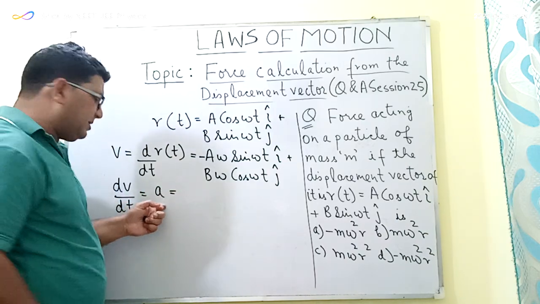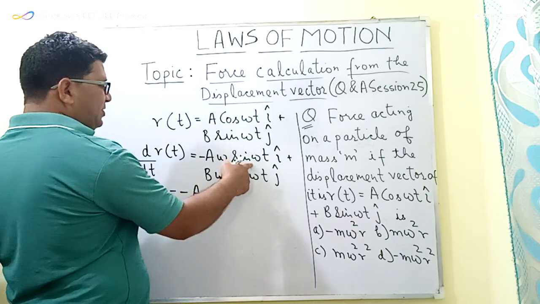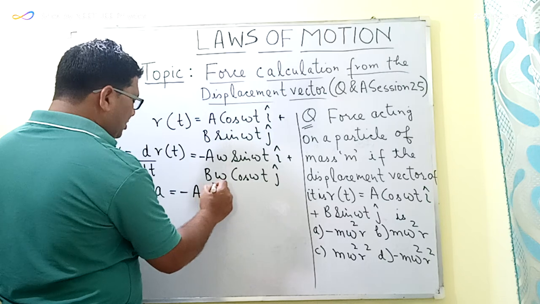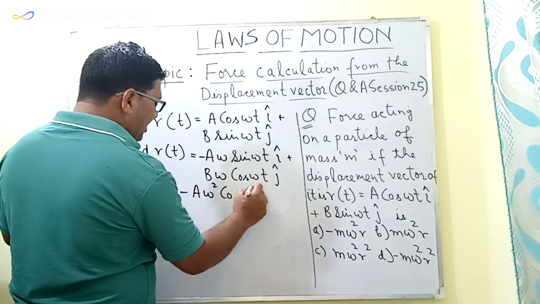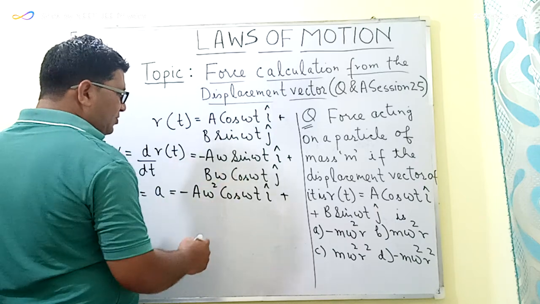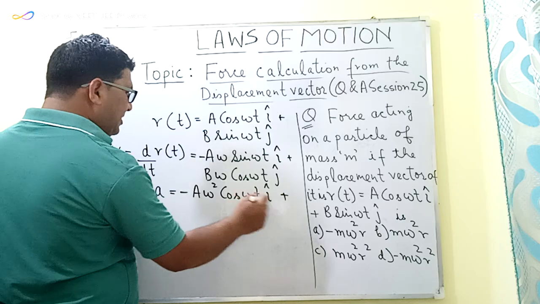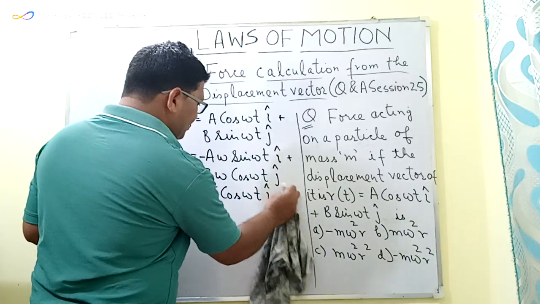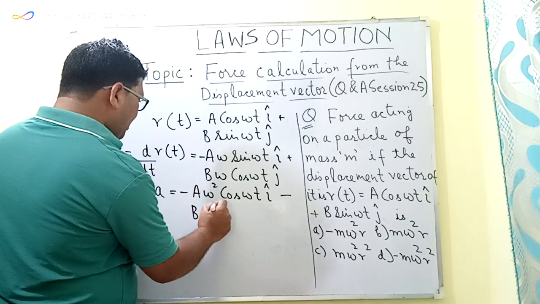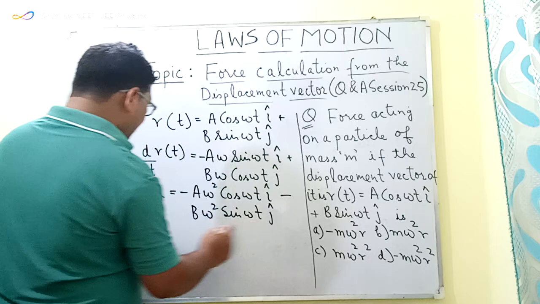This will be equal to minus a, the differentiation of sin omega t being omega cos omega t, so I will get minus a omega square cos omega t i cap, plus the differentiation of cos omega t is minus omega sin omega t, so I will get minus b omega square sin omega t j cap.